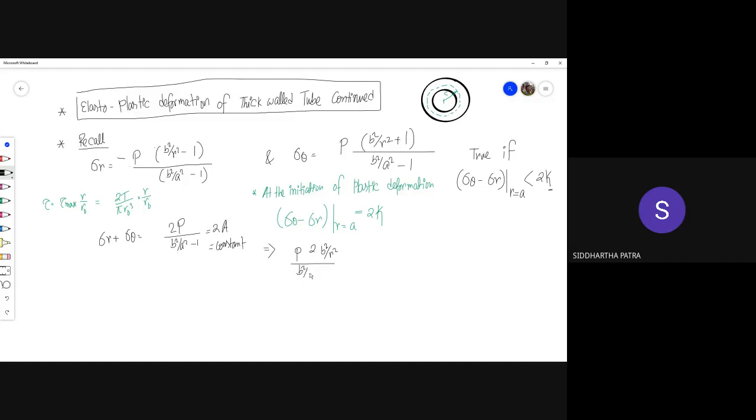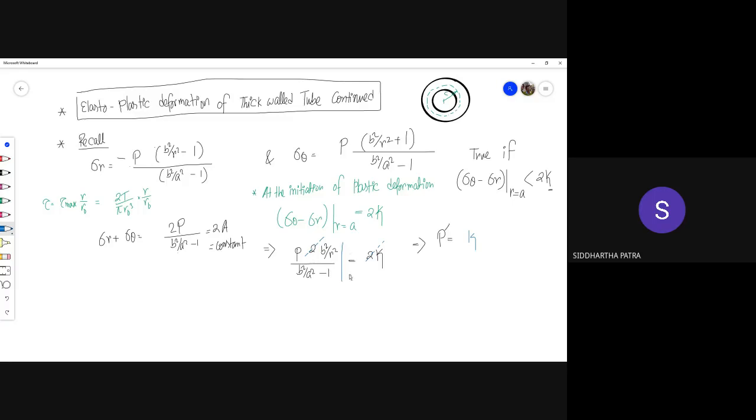So you have this expression, let's call it p prime, which is, okay, of course we can cancel the 2's from either side, and then we have the following expression.